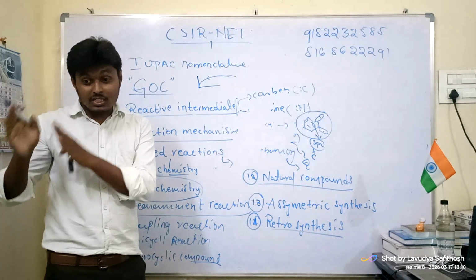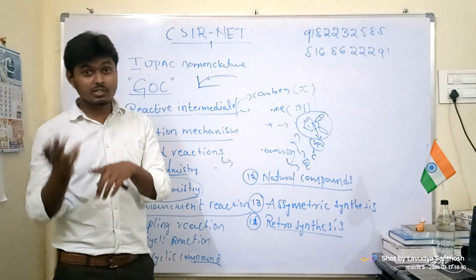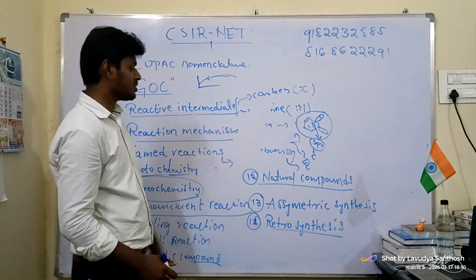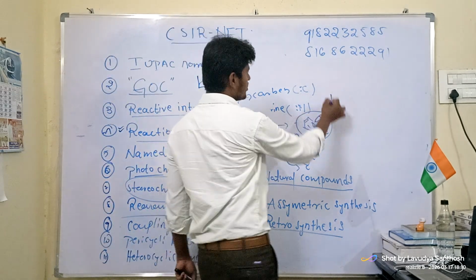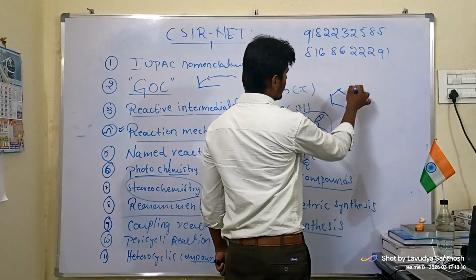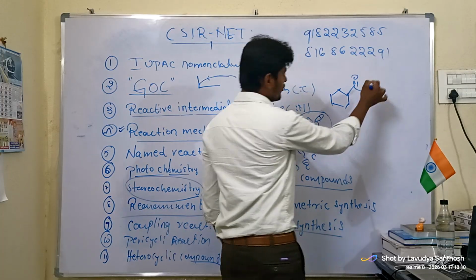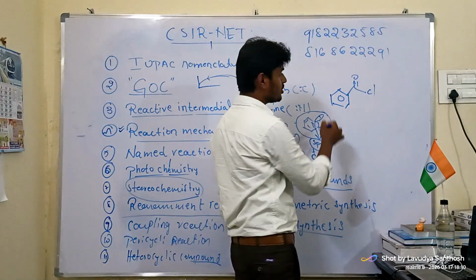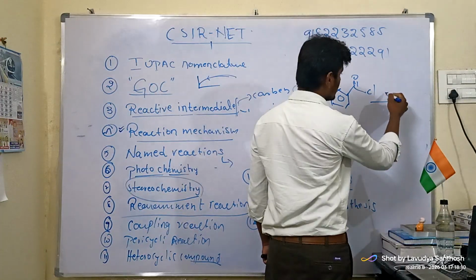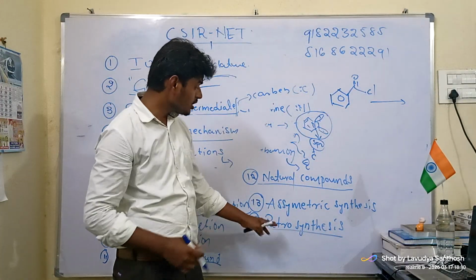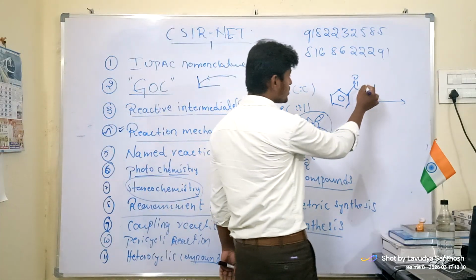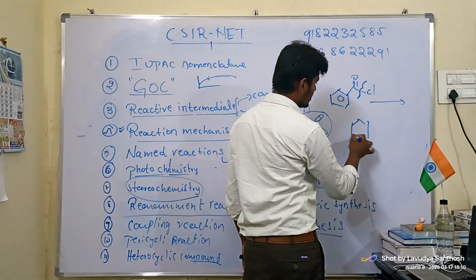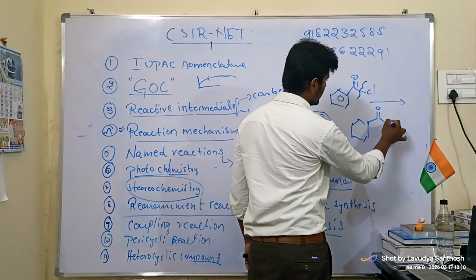But here C is equal to A plus B; we have to come backward from the product to the reactants. That is retrosynthesis. For example, this is benzoyl chloride. Whenever you add some retrosynthetic agents, you remove this, and then you form that hydrogen.